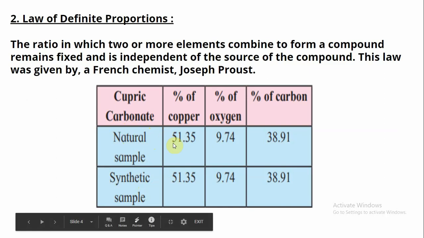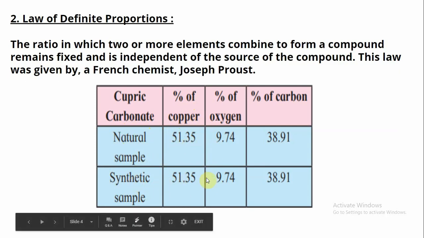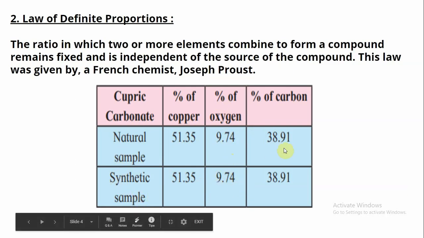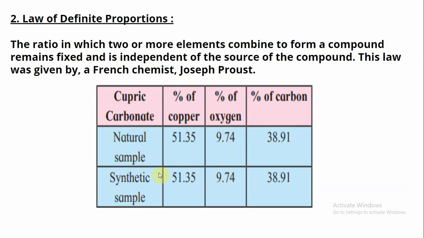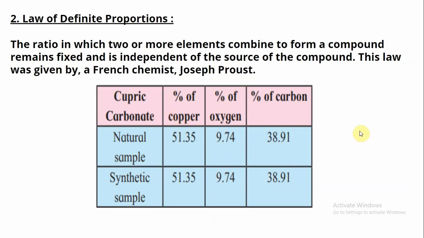Copper is 51.35 in the natural sample, and in the synthetic sample also it is 51.35. 9.74 in the natural sample and 9.74 in the synthetic sample. Total carbon is 38.91 in natural and synthetic also the same. It is a definite proportion in natural and synthetic. This is stated by Joseph Proust, the law of definite proportions.